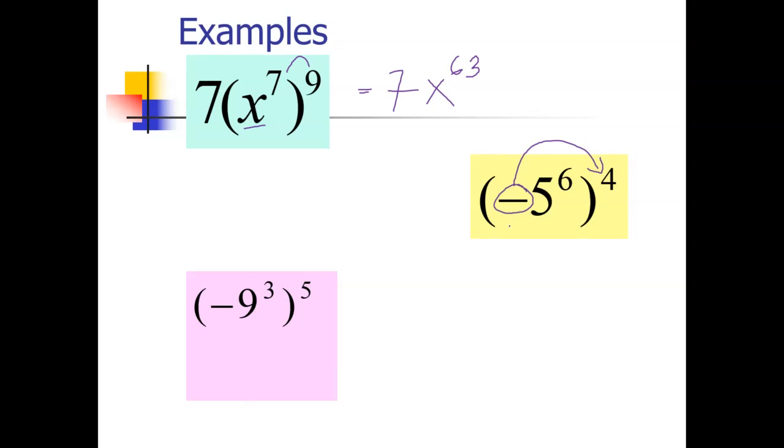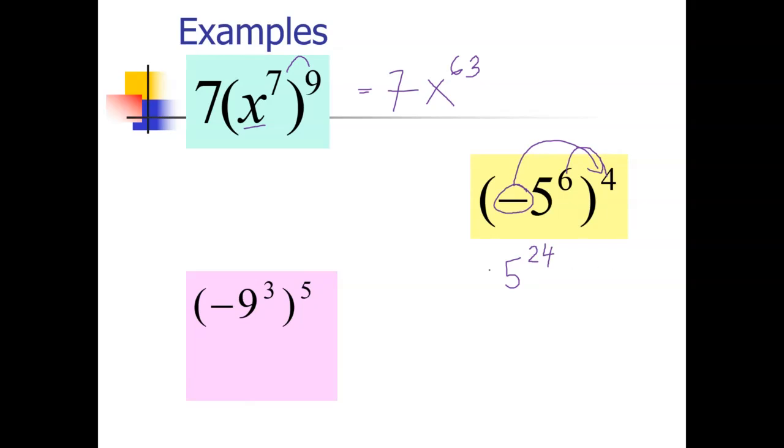So when I multiply here, negative sign 4 times, it becomes positive. So I don't have to worry about this sign when I open my parenthesis. So my base is the 5, which I will leave. And I'm going to multiply 6 times 4, which is power to the power, and that should give me positive 24. So once again, I use the power rule.